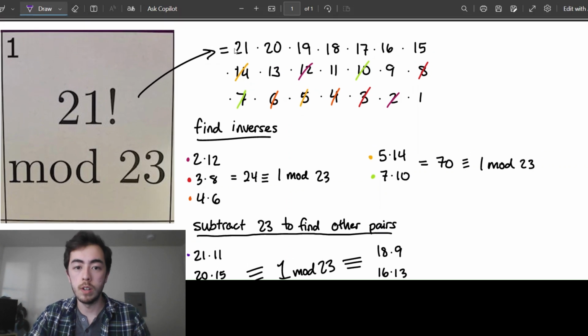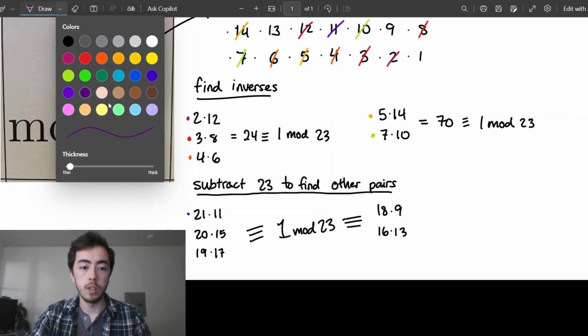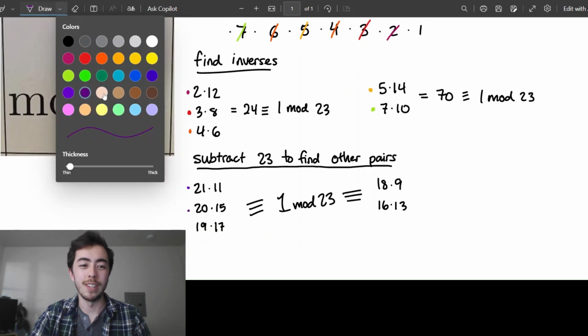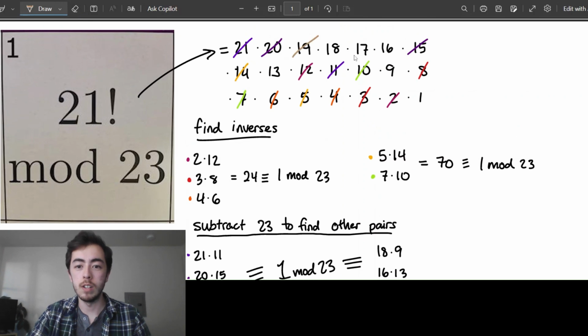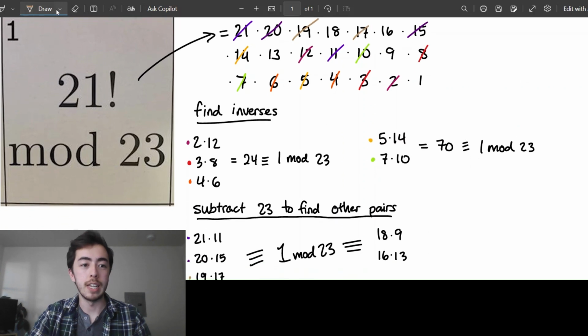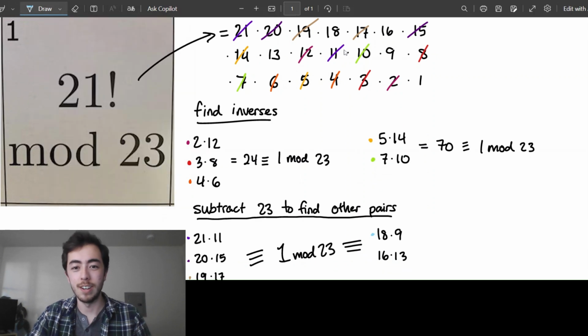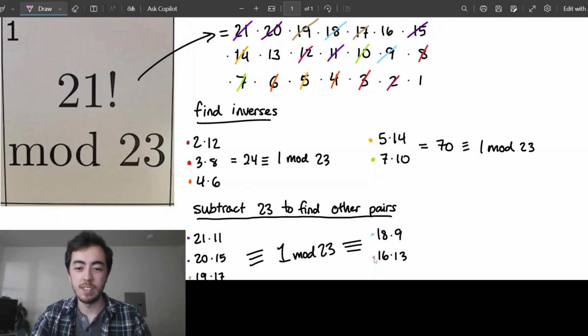So 21 and 11 are inverse pairs. Then we are going to get 20 and 15. There we go. And I'm pretty sure that this is just going to cross out the whole bunch. 19 and 17 are inverse pairs. 18 and 9. And then 16 and 13. Yeah. I'll just do all the color coding to be precise and cover all my bases.